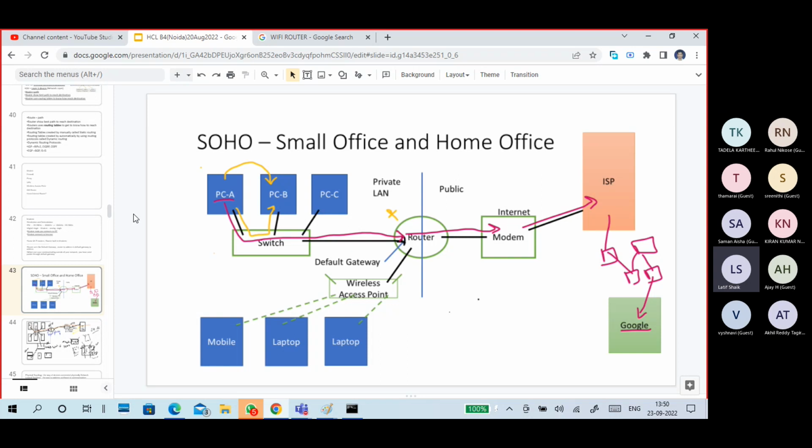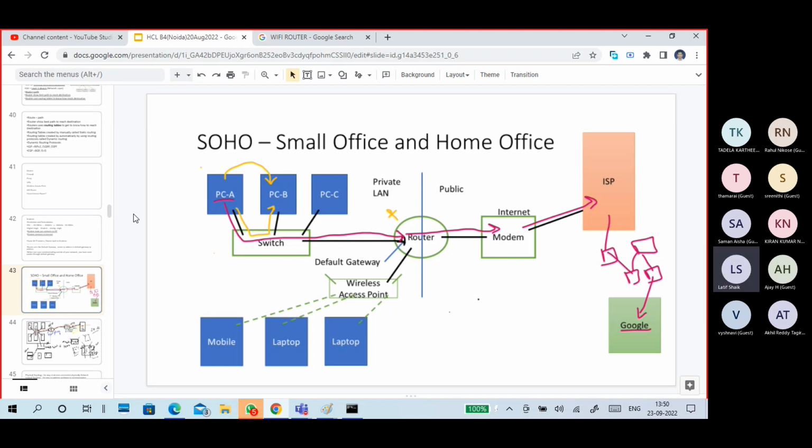to your desktops using the switches. In case you have wireless devices, you require a wireless access point. So your router or a switch is connected to a wireless access point, and through the wireless access point we can get connected.